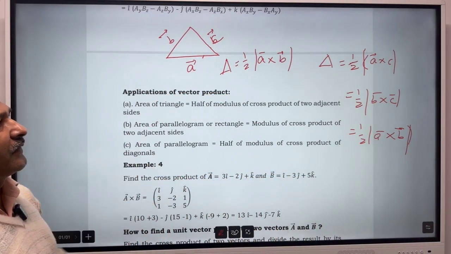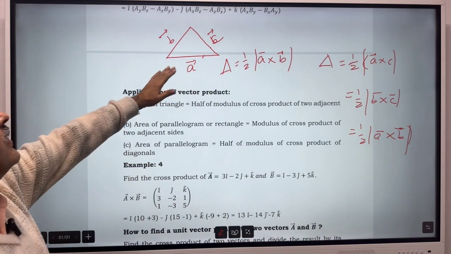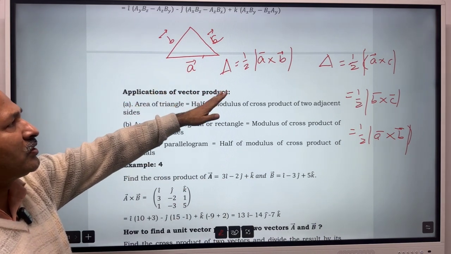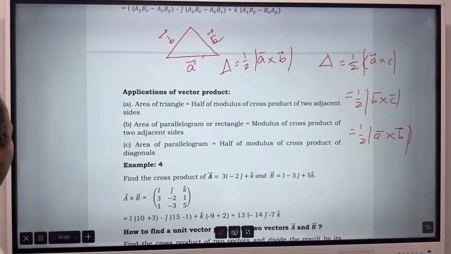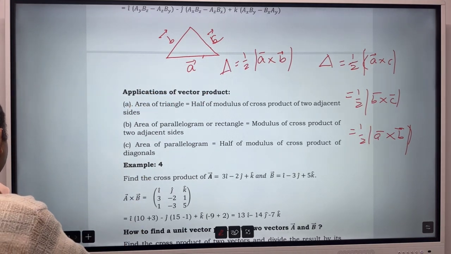After finding the cross product, you have to find its magnitude, then divide it by 2 to get the area of the triangle. So this is one concept.